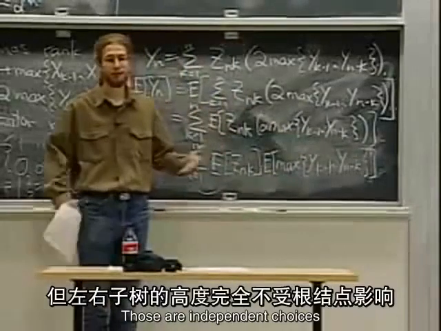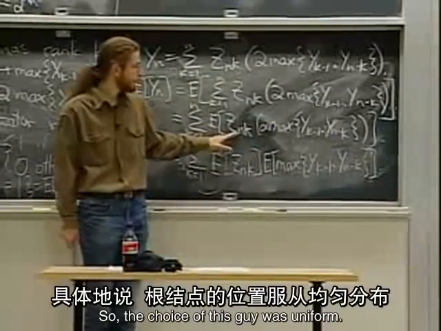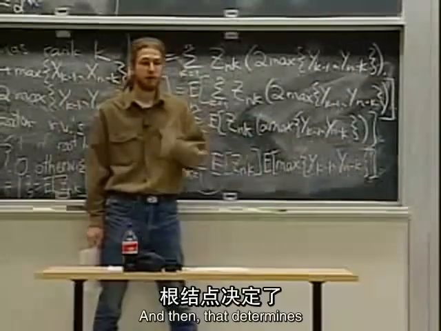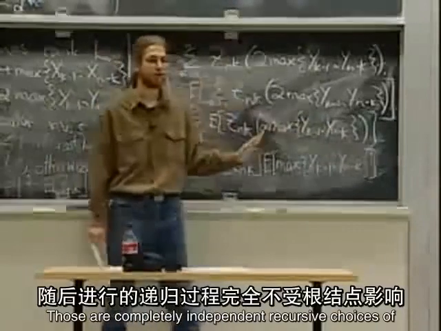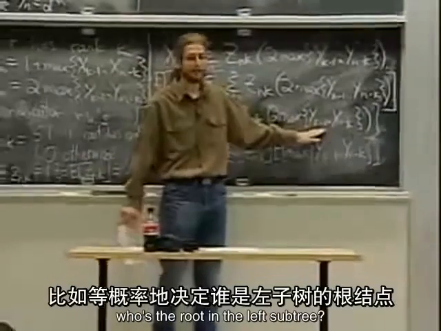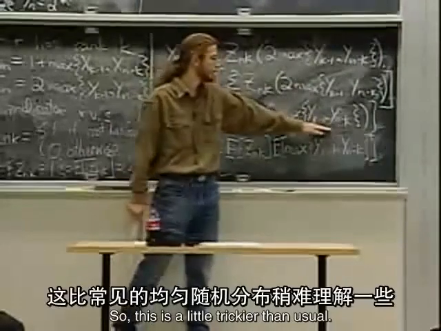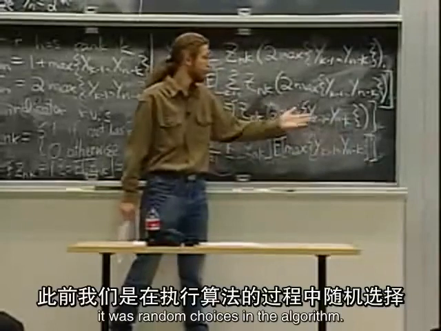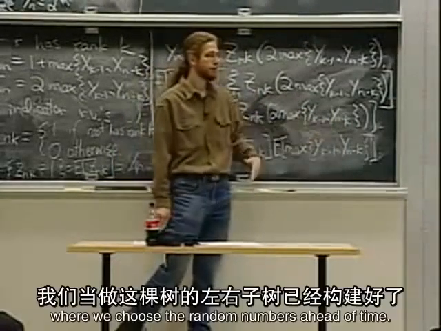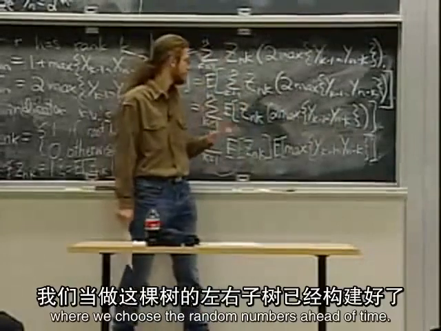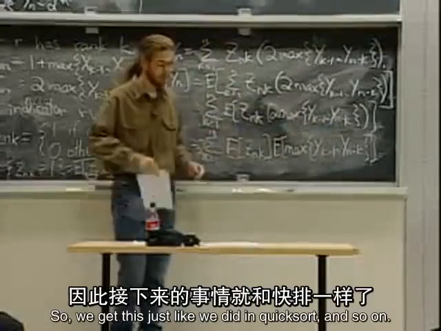Those are independent choices because everything is uniform here. The choice of the root was uniform, and then that determines who partitions into the left and the right. Those are completely independent recursive choices of who's the root in the left subtree, who's the root in the left of the left subtree, and so on. This is a little trickier than usual. Before it was random choices in the algorithm. Now it's in some construction where we choose the random numbers ahead of time. It's a bit funny, but this is still independent. So we get this just like we did in quicksort and so on.